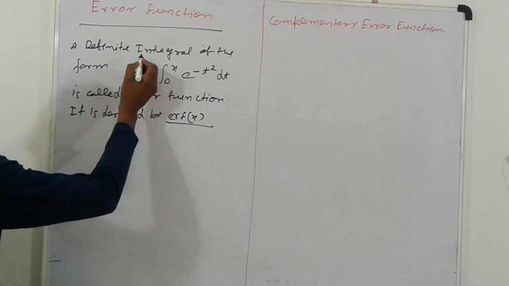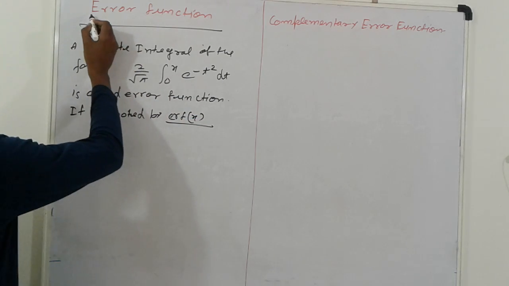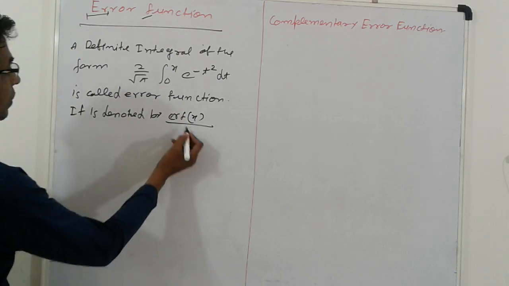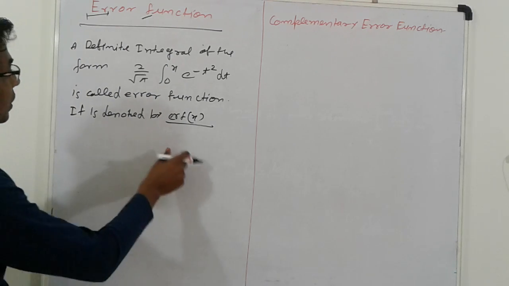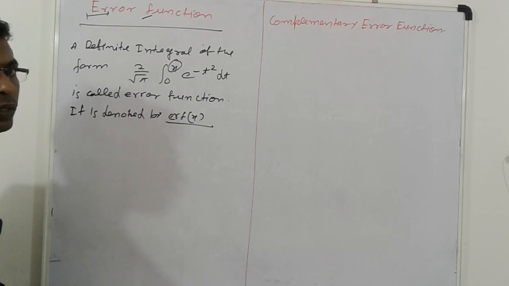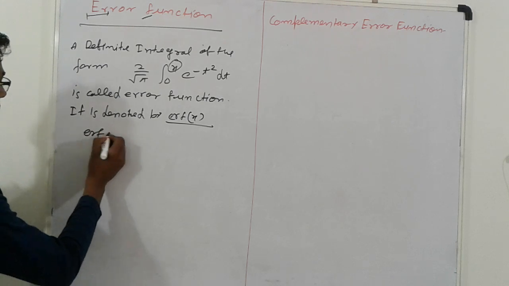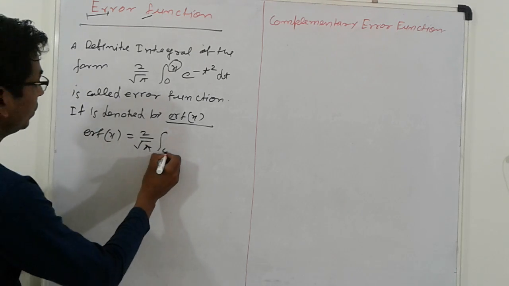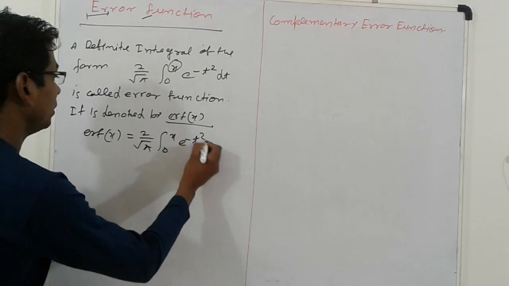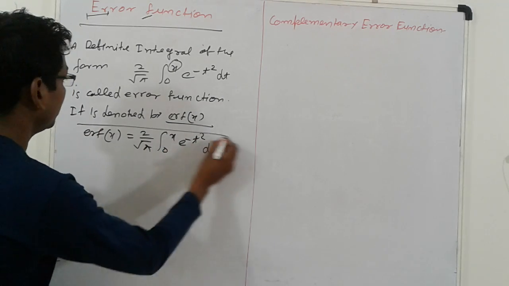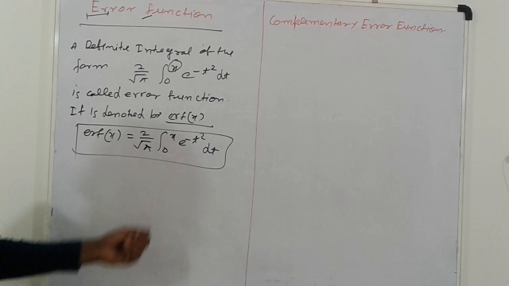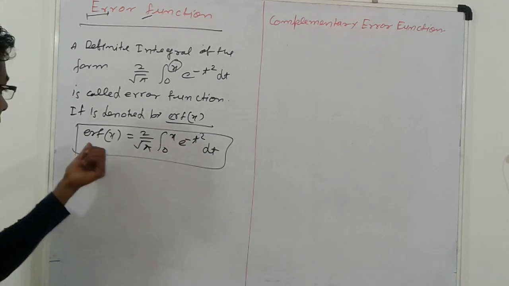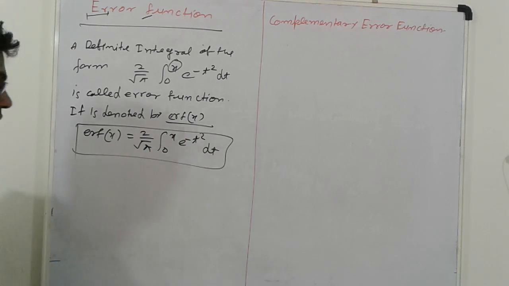Erf of x means integral error, that is erf. So erf of x, it means here that term is important. So erf of x is equal to 2 upon under root pi, 0 to x, e raised to minus t square dt. That is the value of erf of x. It means upper limit में जो value होगी, that is the erf of x representation.